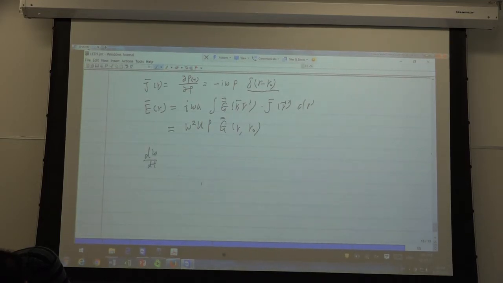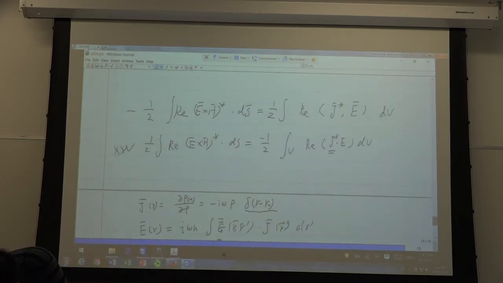dW/dt, this is just called the dissipative power. This dissipative power is just converted to radiative power.